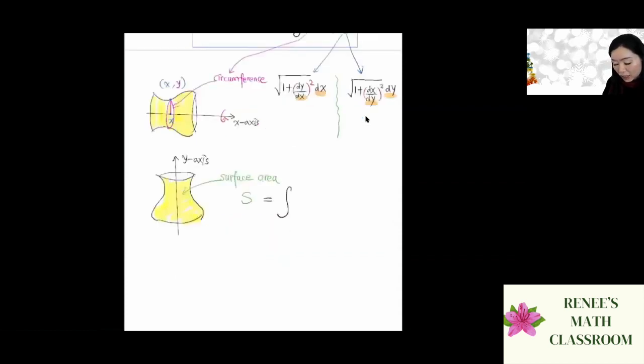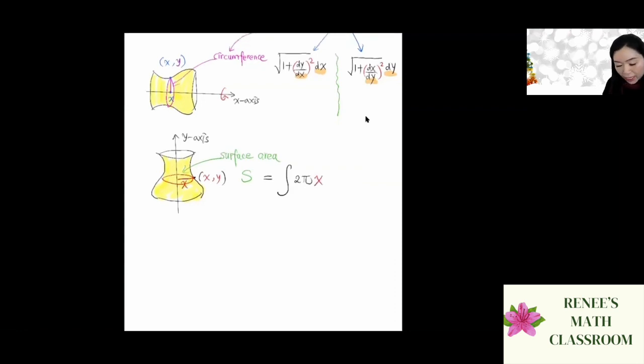Now we also take a point over here, x comma y. Then the circumference of the circle rotating this point about the y-axis is what? The radius here is x. So instead of 2 pi y, this will be 2 pi x.